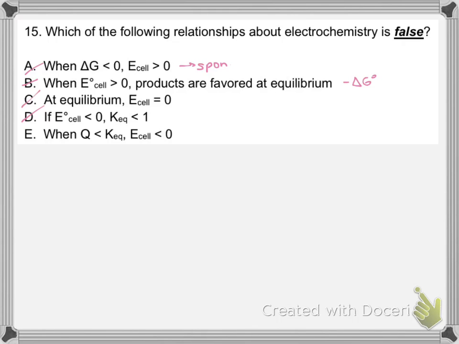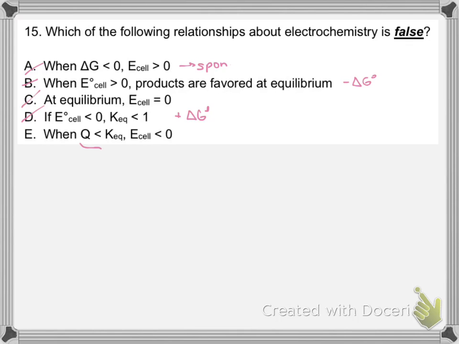Because this would be saying sort of as if we have a positive delta G standard, we would say KEQ is less than 1 because it'd be reactants favored. And so that leaves us E, which says when Q is less than KEQ, E cell is less than 0.